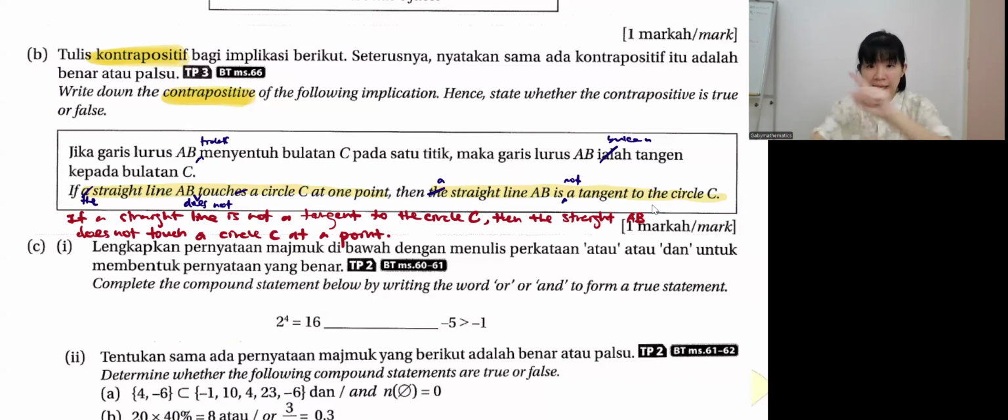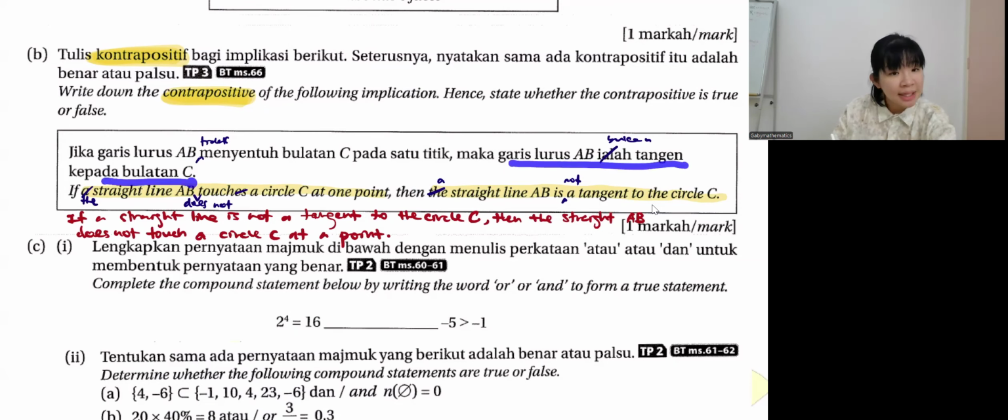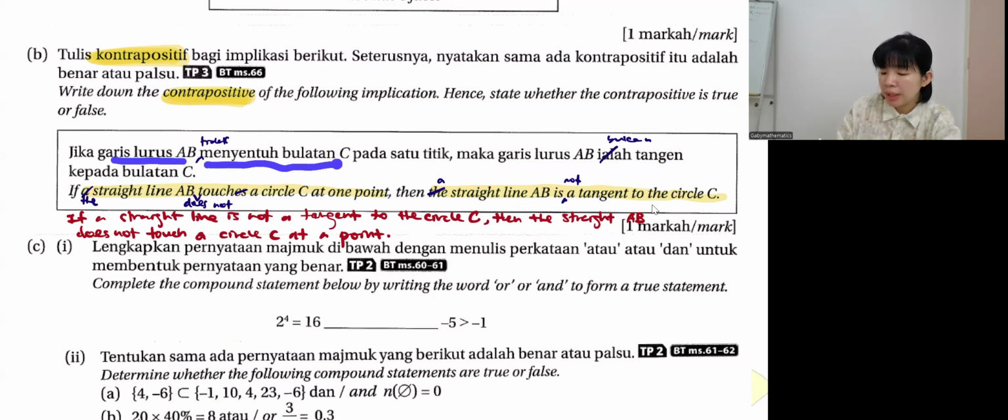You switch and also change to not, change to negative. So BM, jika garis lurus AB bukan tangent kepada bulatan C, maka garis lurus AB tidak menyentuh bulatan C pada satu titik. Okay, after writing, guys, true or false?